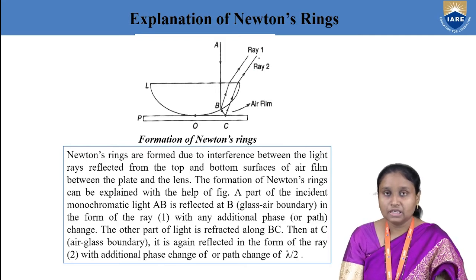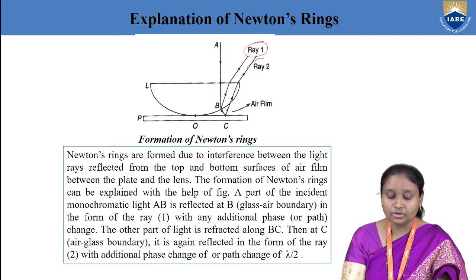So we are considering ray 1 and ray 2. As you can make out, ray 1 is coming from the point B. And what is our point B? This point B is nothing but the top surface of the air film. At point B, part of the light gets reflected and comes out as ray 1.